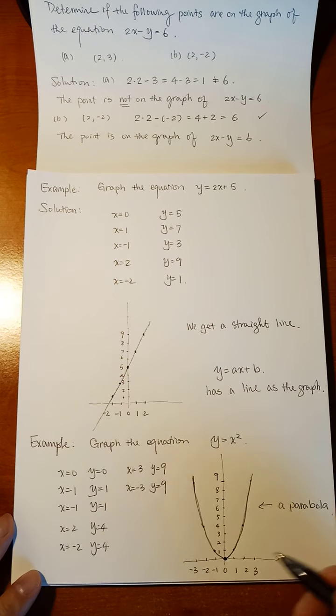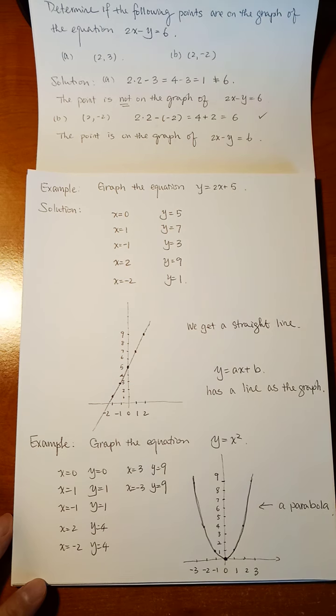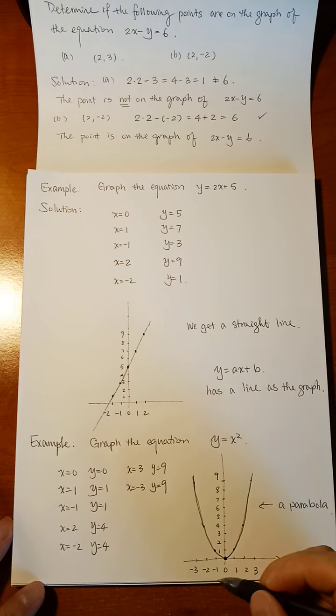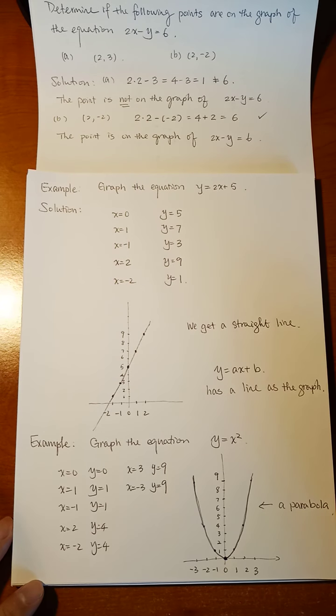Well, the name is called parabola. It's like this shape is called a line. We just have a name. All right? So whenever you have a quadratic equation, its graph is always a so-called parabola. Okay? So always parabola.